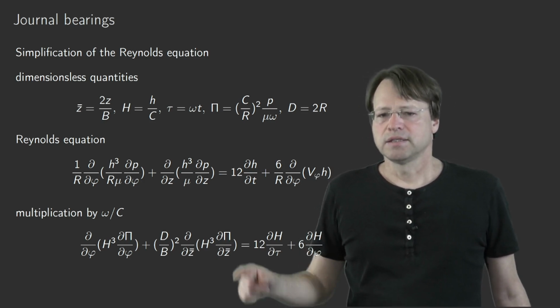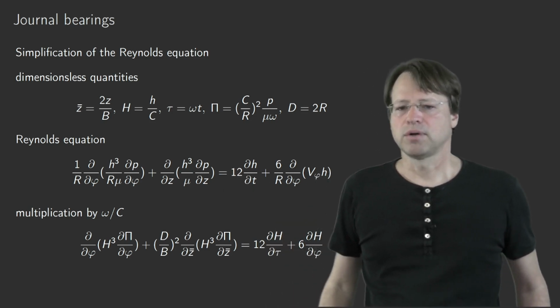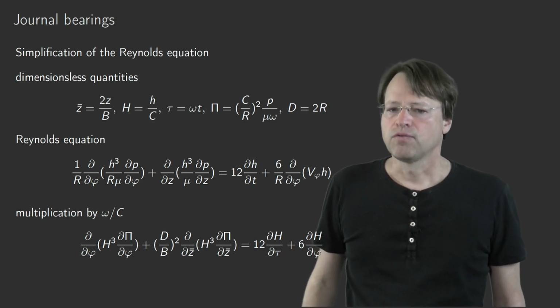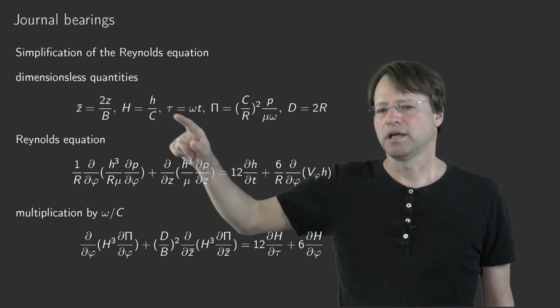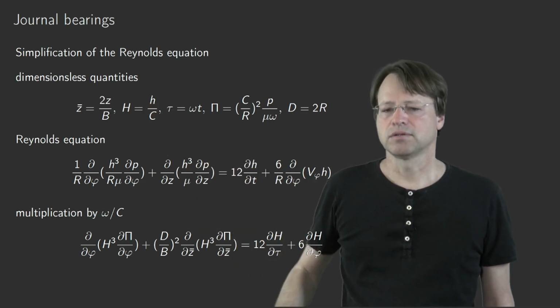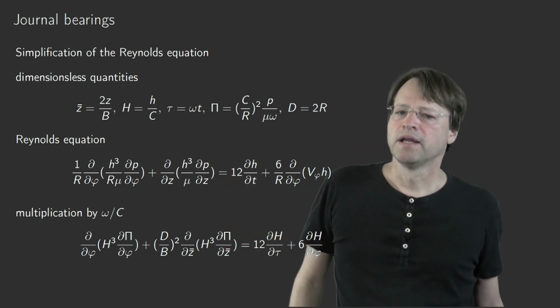Let's move to the last term, to that one here. This is the term d by dz of h to the third power divided by mu, dp by dz. First of all, we replace h cubed by capital H c cubed. We divide by c, so this leads to a c squared, and to the pressure.